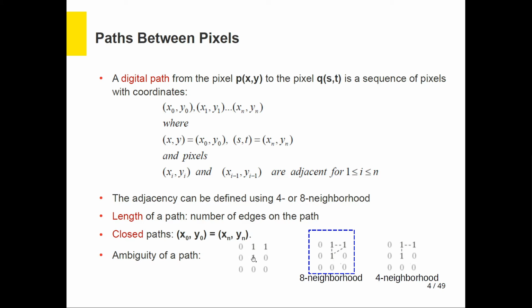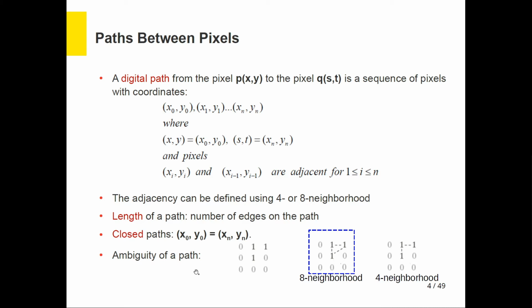If we are using, let's say, eight neighborhood, we can create a path directly from this pixel to this pixel. So the length is going to be 1, even though the spatial distance is square root of 2. If the beginning and end of the sequence are exactly on the same spatial location, we say that the path is closed.